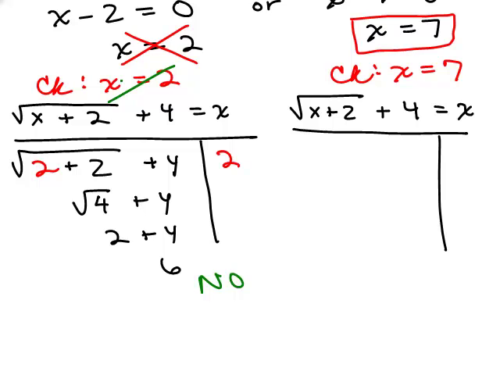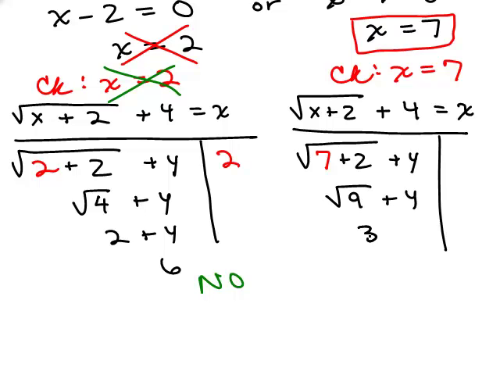So that's how we know that's not a solution. And then we will go ahead and check by putting in 7 for x. So square root of 9 plus 4, which is 7. And I did have 7 on the other side, so yes, that checks. So the solution is only 7.